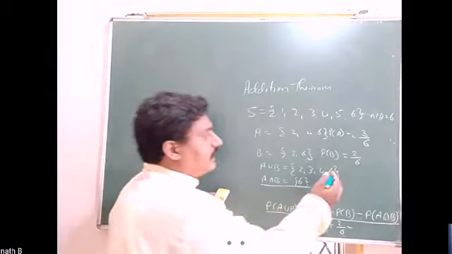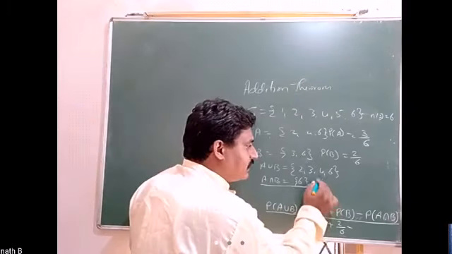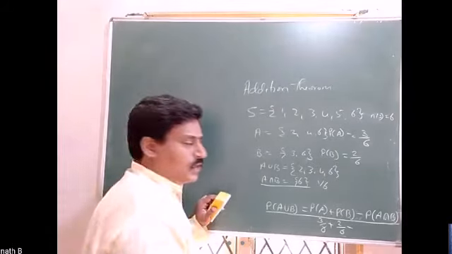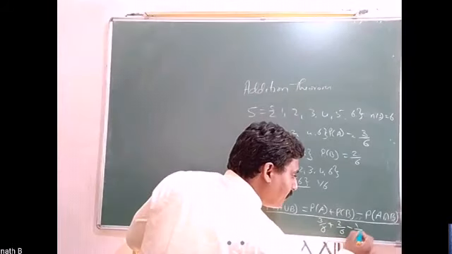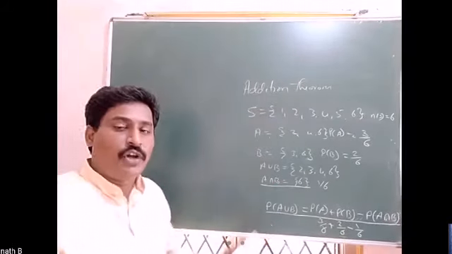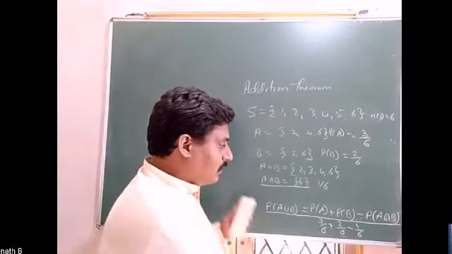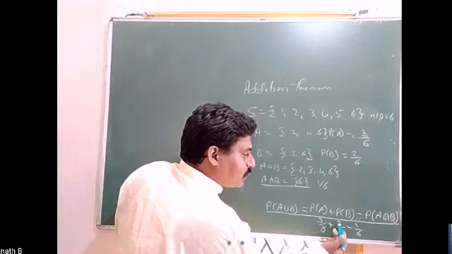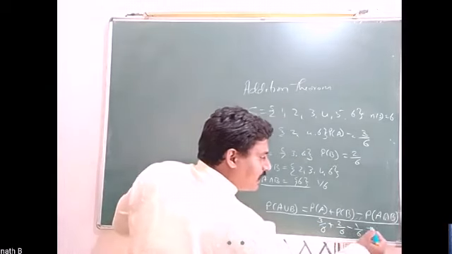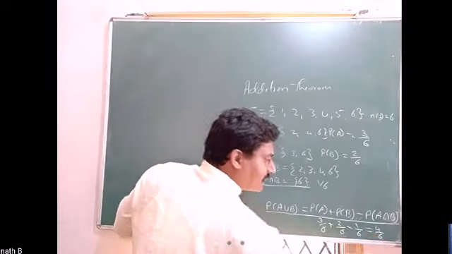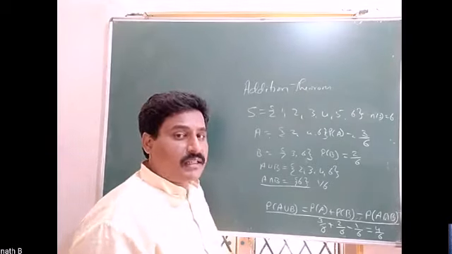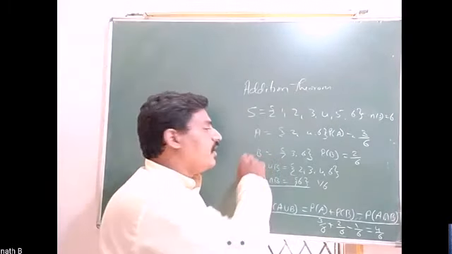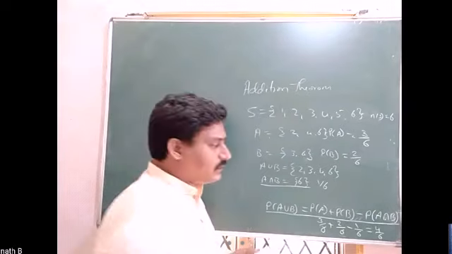Only one element is common, so 1 by 6. The denominator is the same for all the probabilities, so calculate directly: 3 plus 2 is 5, 5 minus 1 is 4. So the probability of getting A or B is 4 by 6.